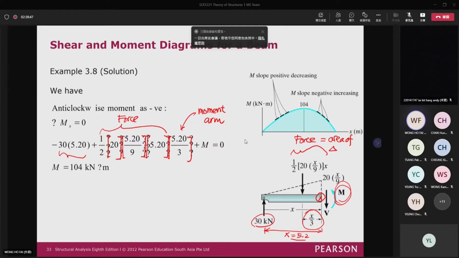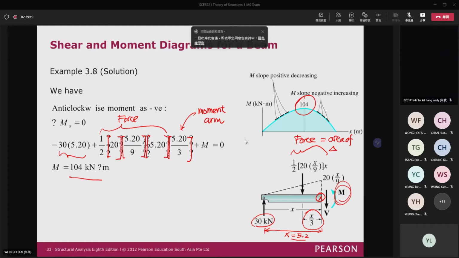So you will use equilibrium, and then you can find the moment here is equal to 104. So actually this one is equal to 104 at this location. Okay. So that's how you can find the maximum moment at this location. Because for the shear force location, if it is equal to 0, then the bending moment will be the maximum at the same location.